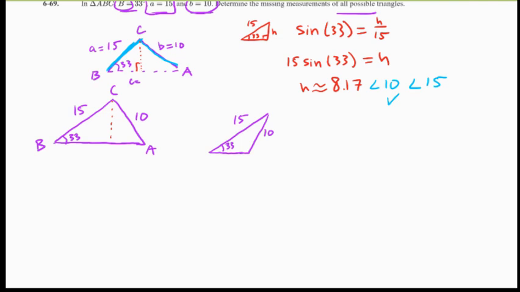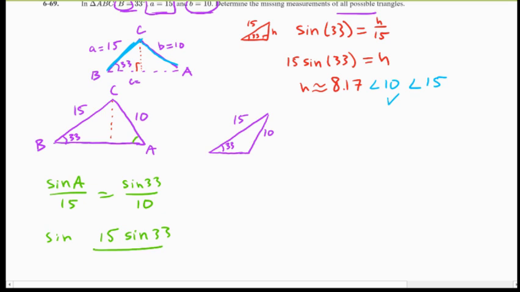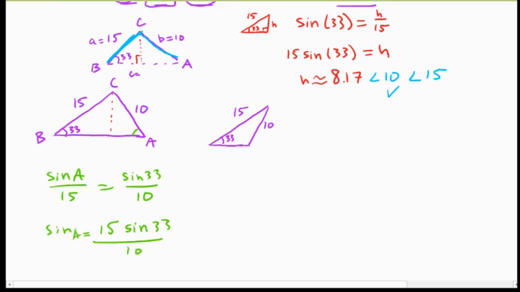I'll start with my bigger triangle. I'm going to start by solving for this angle using the law of sines. So sine of A over 15 equals sine of 33 over 10. Multiply both sides by 15. Take the inverse sine of both sides.